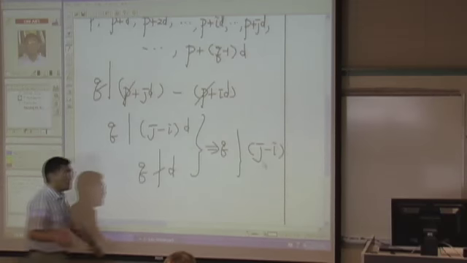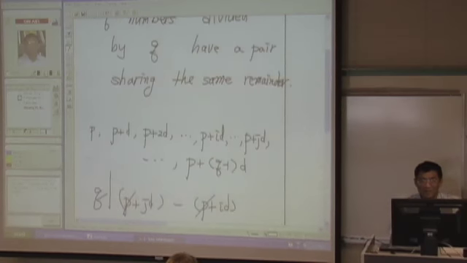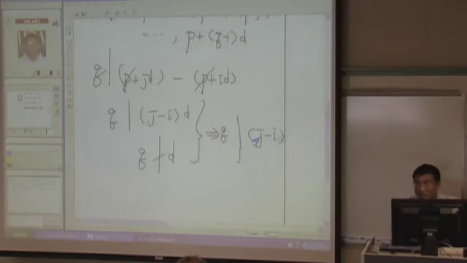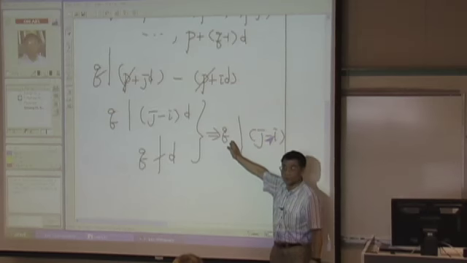But in the first place, I said assume not, in other words, i and j are different when I assumed this. So it cannot be 0, meaning j minus i should be a multiple of q.